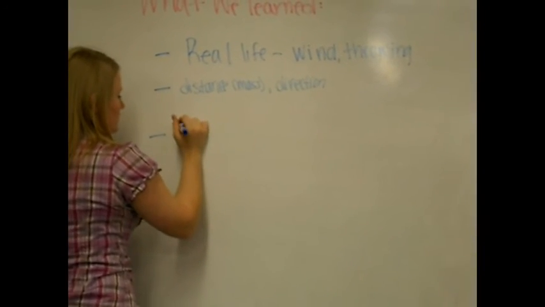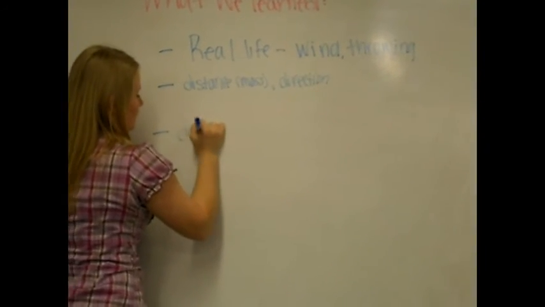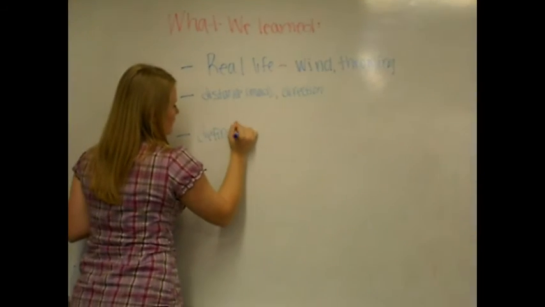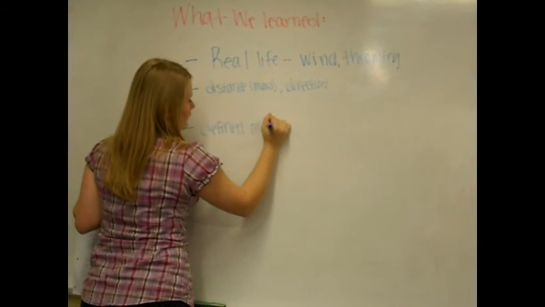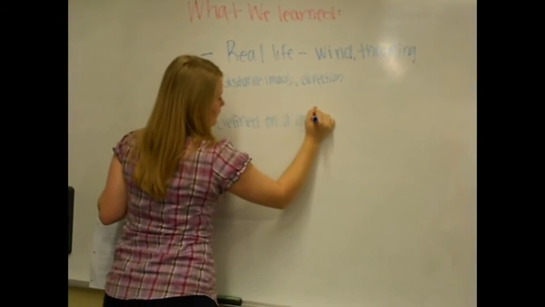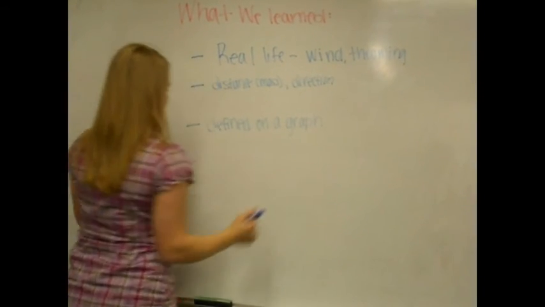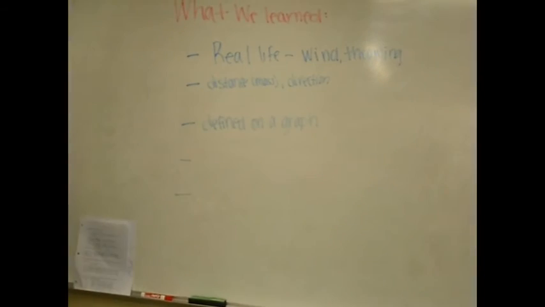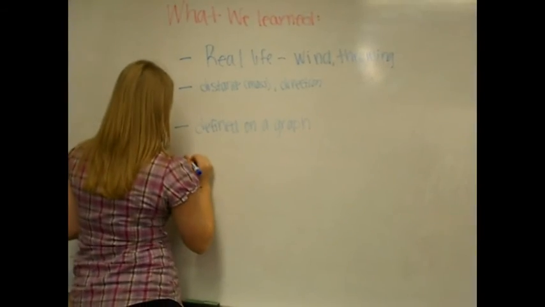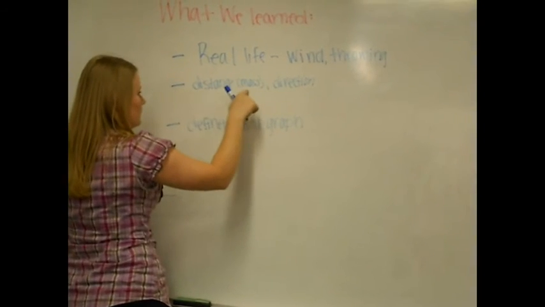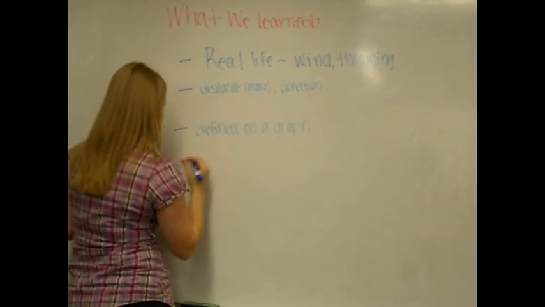They must always be able to be defined on a graph. There can be an unlimited number of points depending on the difference in the mass or the distance.